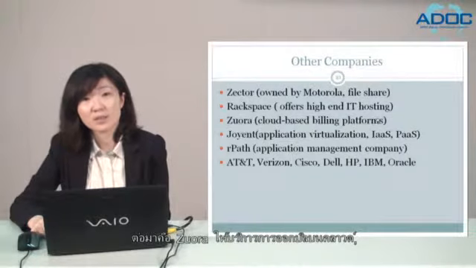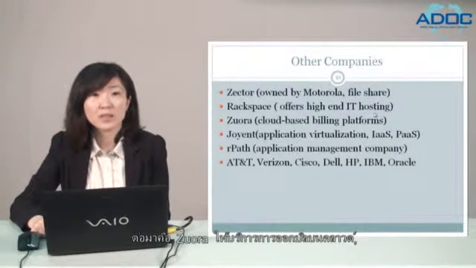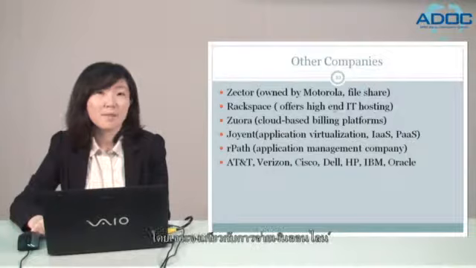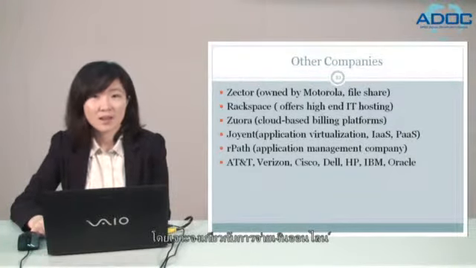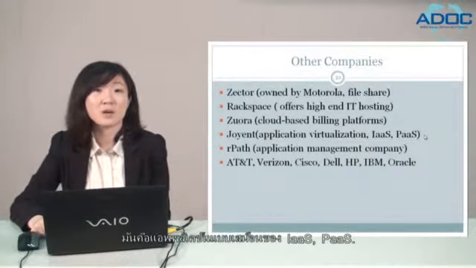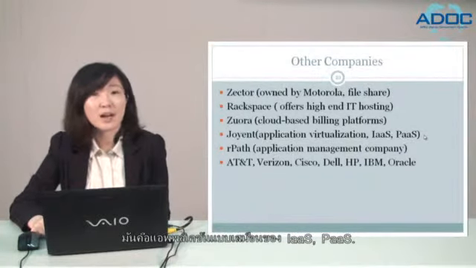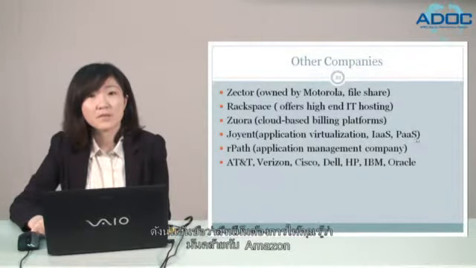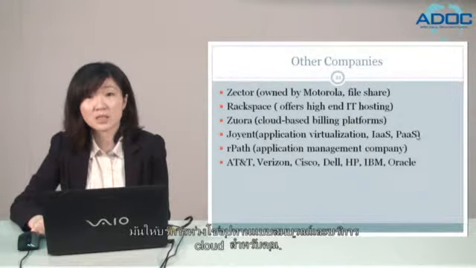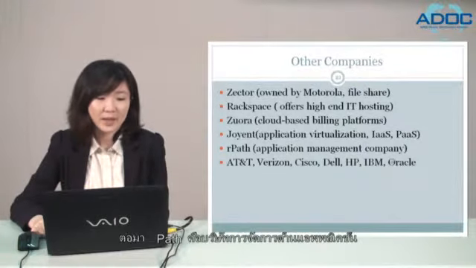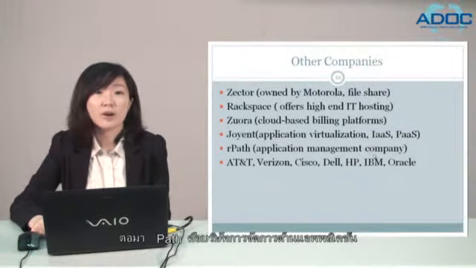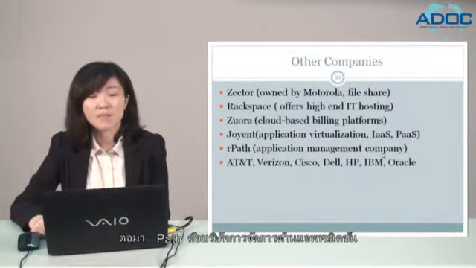The next one is Zora, a cloud-based billing platform, basically focused on online payment. The next one is Joyent, application virtualization, IaaS, PaaS. It is similar to Amazon, providing a complete supply chain of cloud services to you. And then RPaaS, an application management company.